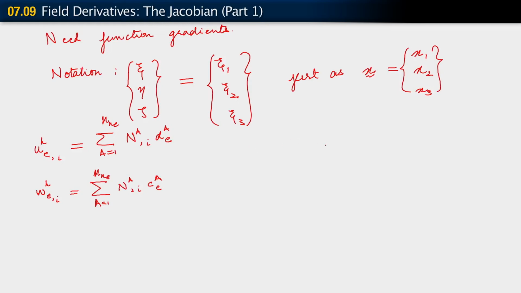Leading up from the notation that we've already established for the coordinates on the parent subdomain, I am going to say that we will use uppercase indices for components of xi.